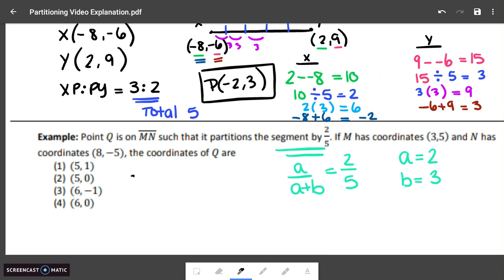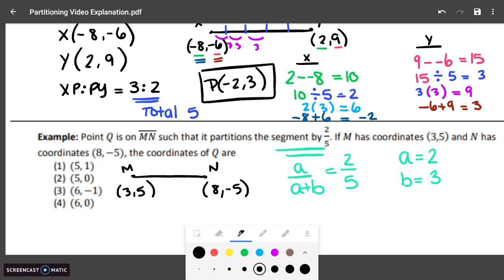I'm going to do the method where I like to draw my picture here. So I have the coordinates of M and N. M is 3, 5, and N is 8, -5.